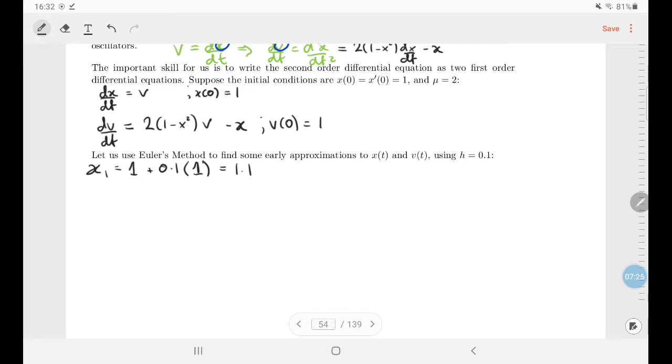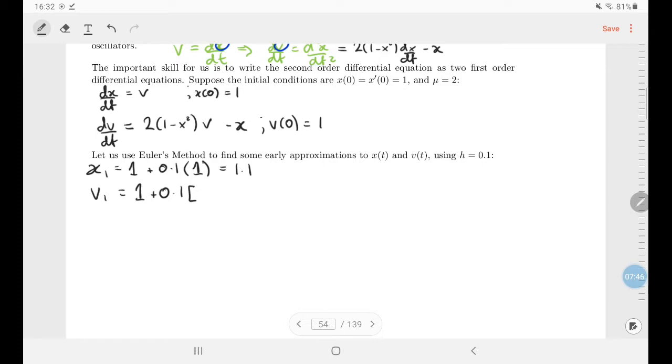What's happening there is the velocity is positive, and nothing can really happen instantly. So if the velocity is positive, then the displacement is increasing. Let's see what's happening with v1. What does Euler's method say? It's the previous value, which is 1, plus the step size times the previous slope.